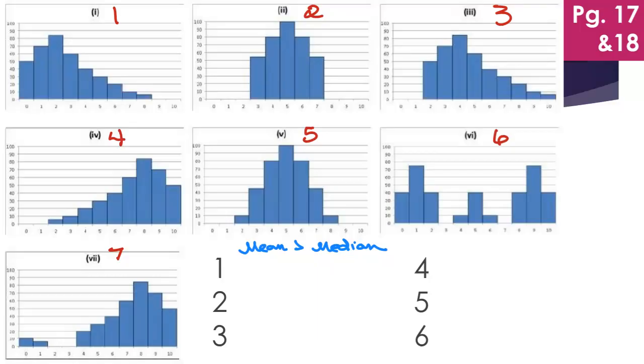Because you've got this tail that's pulling it, right? So yes, I'm going to say graph 1. It is skewed to the right. Very good. Listen to that. Yes. Is there another one that is skewed to the right? 3. That is correct. So graph 1 and 3 have the mean larger than the median.